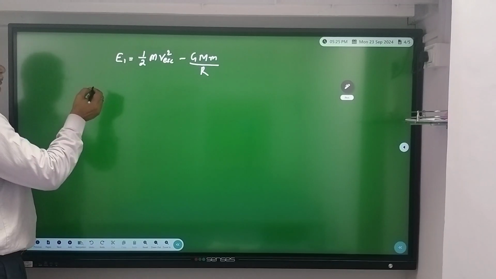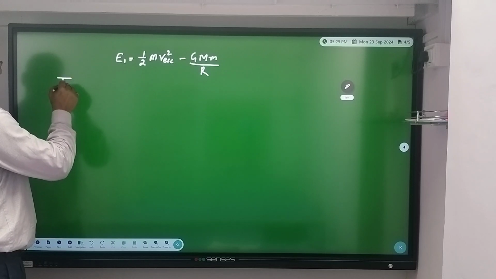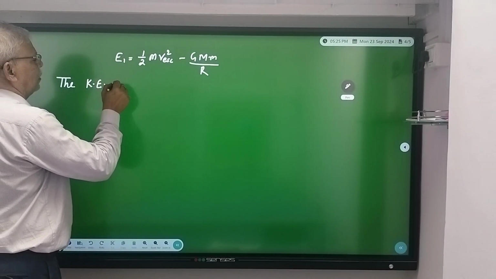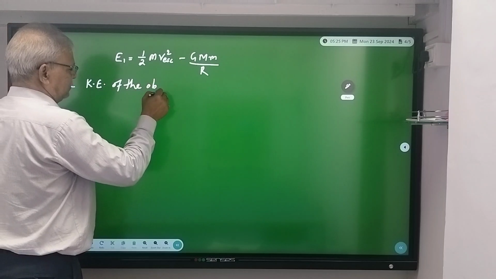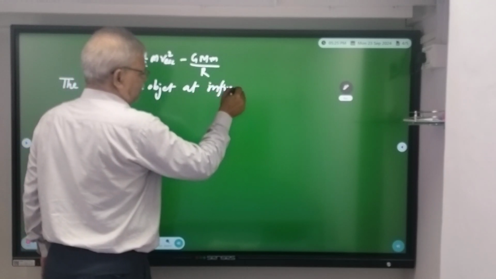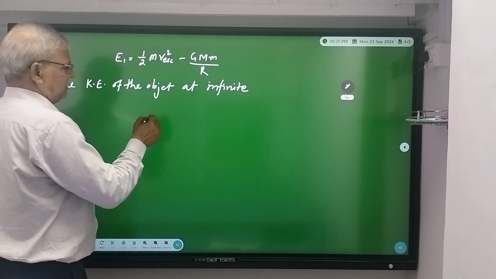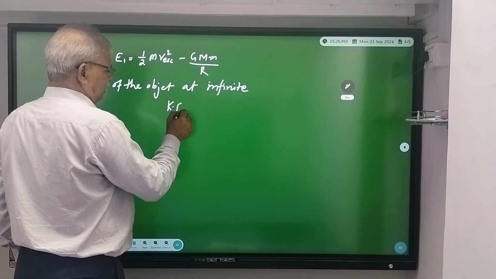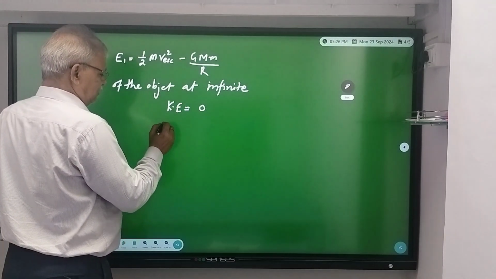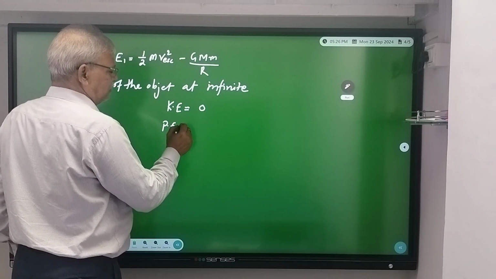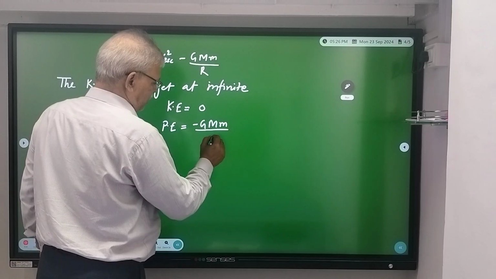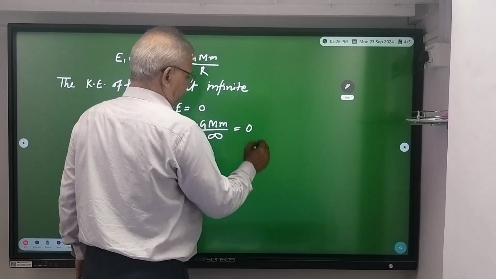Okay, now the kinetic energy of the object at infinite will be 0 and the potential energy is equal to minus G M m upon infinite, that is also equal to 0.